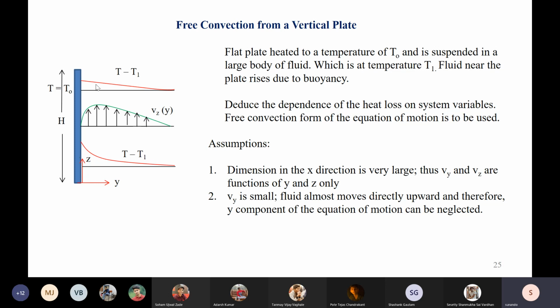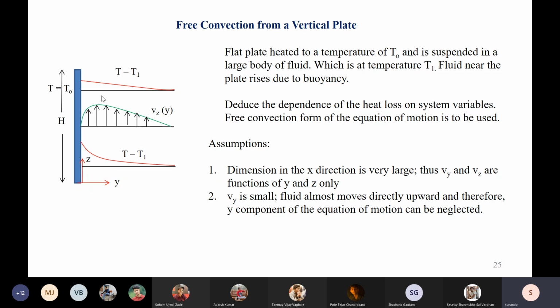Once again, the way the temperature varies over the distance y is to some extent greatly magnified, because we all know that the temperature is going to vary within a thin boundary layer, and beyond that boundary layer, the temperature is simply going to be equal to T1. So this is a more realistic representation of the temperature profile.